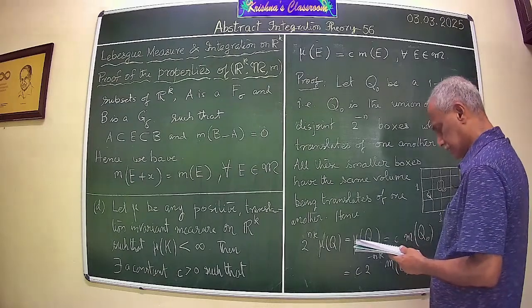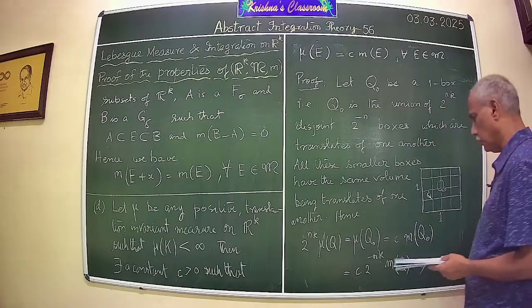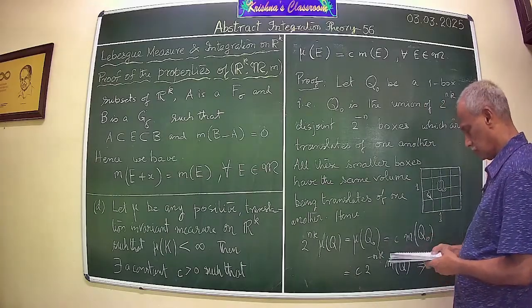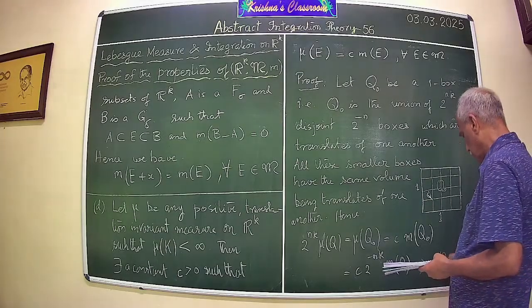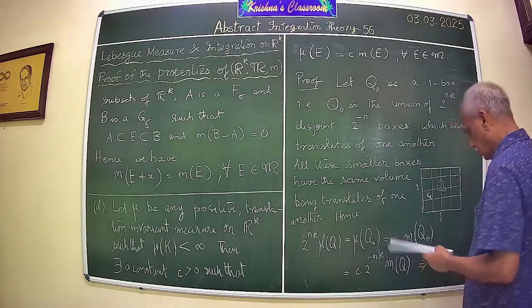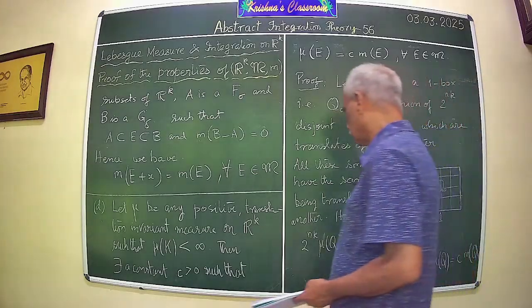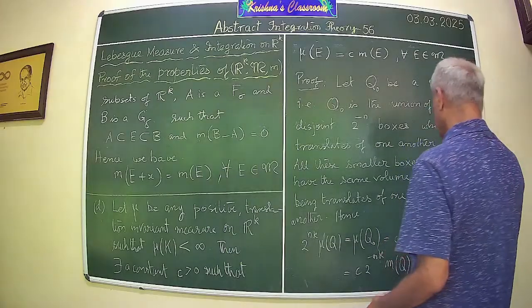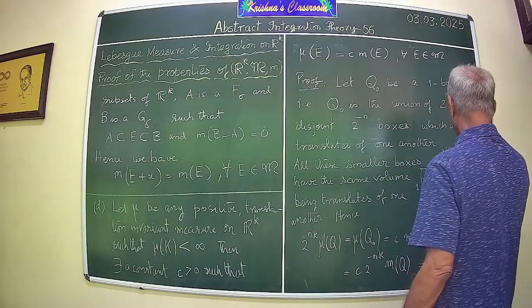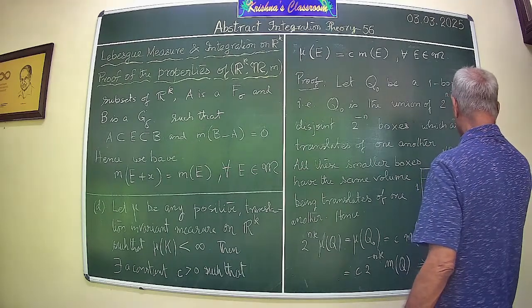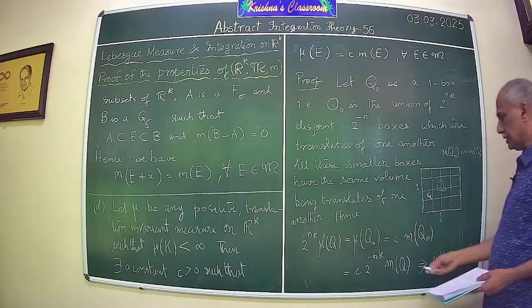This implies mu of Q equal to C times m of Q. So we are using the fact that mu of Q naught, so this is the result that you get.